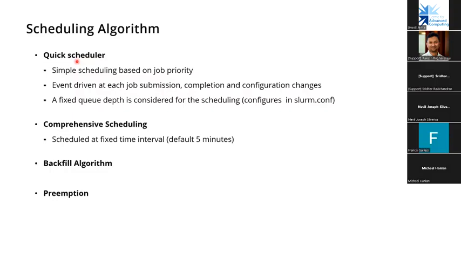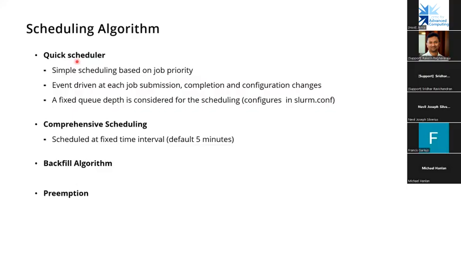The second important difference is that the quick scheduler is event driven. Let's say a user submits a job, then the quick scheduler kicks in. That's why the number of jobs considered for scheduling is limited in the quick scheduler. But the comprehensive scheduler runs at defined intervals.